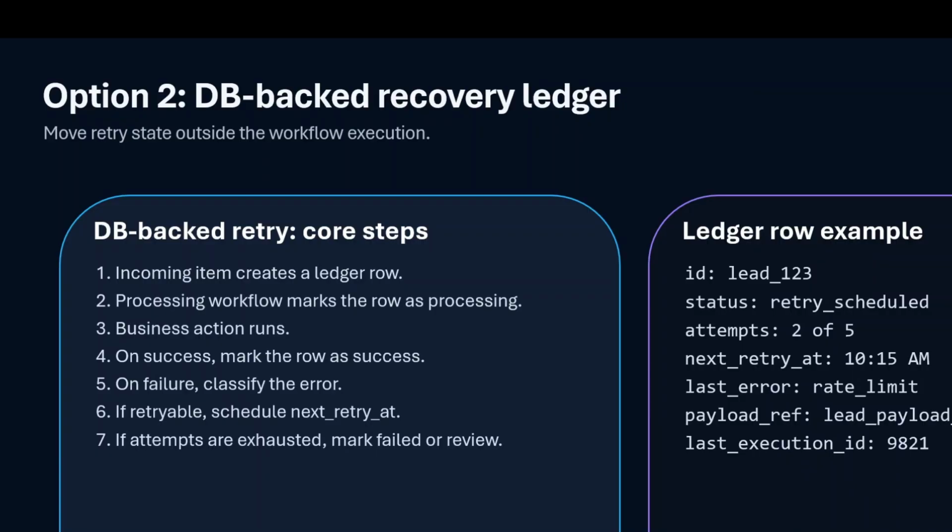Let's look at examples of columns you can have in that table. It could be ID, status, attempts, the number of attempts, next retry at, for example 10:15 a.m. retry again, last error, where you track the last error you got, payload reference, and last execution ID.